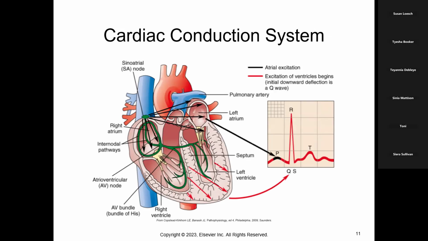Whenever that impulse happens, we'll see a change in the electrical activity. That's why we use that EKG. Usually it starts in that SA node. It goes to the AV node, to the bundle of His and the Purkinje fibers, and then to the ventricular area and out to the heart itself.